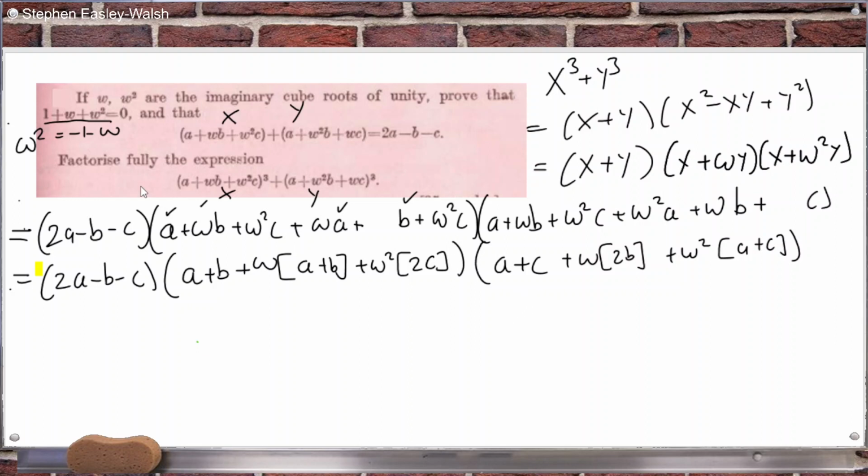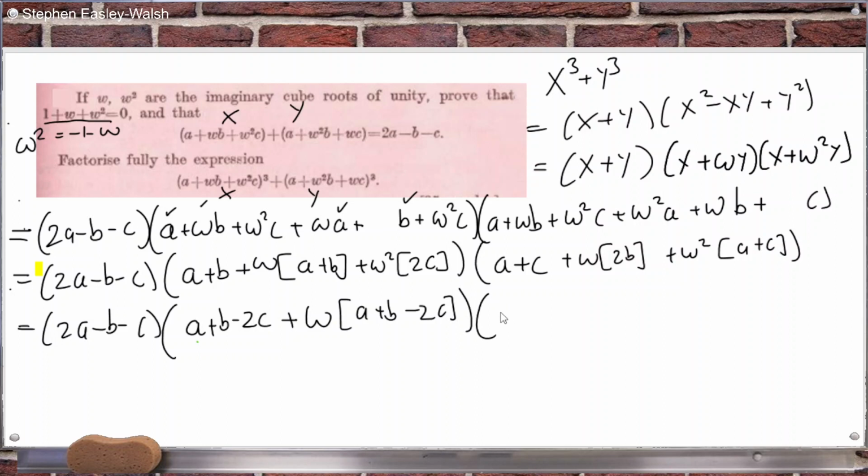I think I'll use my omega squared equals minus 1 minus omega. 2a minus b minus c. So that's minus 1 minus omega. So this would become a plus b minus 2c plus omega times a plus b minus 2c.